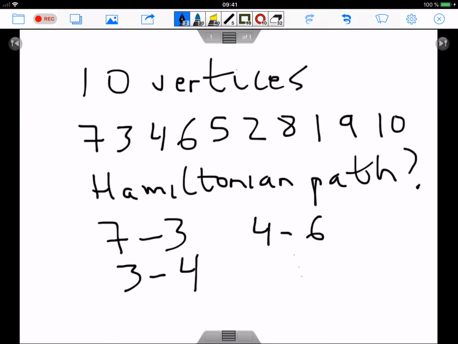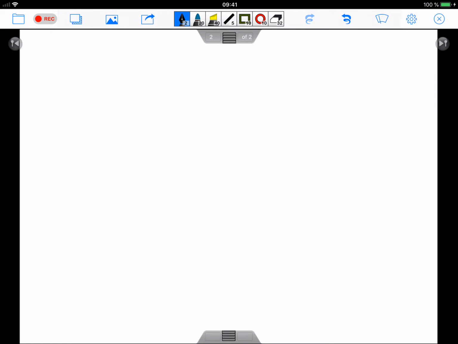And in general, we do not know of any algorithm that is better than trying all the different possibilities. So we start from a vertex and we try to go to a different vertex, and from that to a different one, and we check whether we can use all the vertices once and only once.